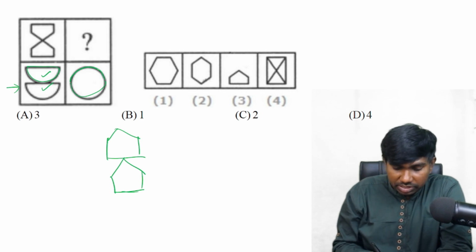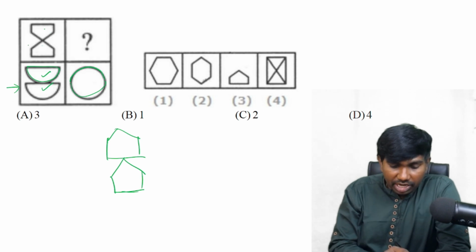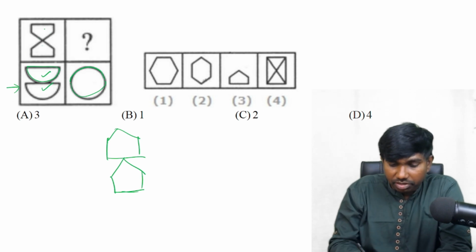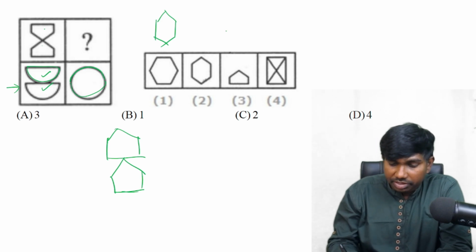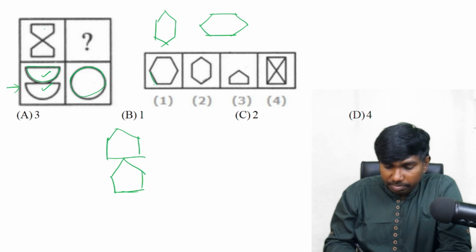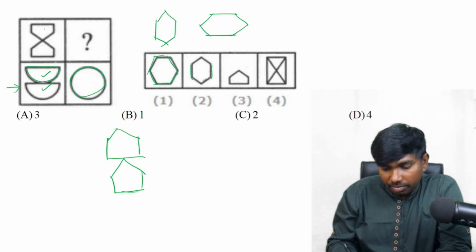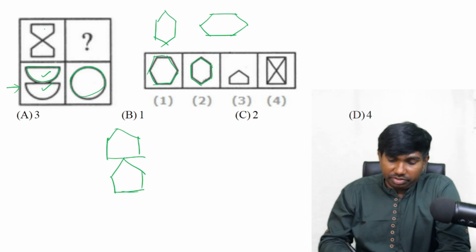Using these two parts, we can make a circle, and using these two parts, we can make a hexagon with 6 sides. But that figure can be like this, or it can be like this also, no? So our answer may be figure 1, or it can be figure 2 also. This is also a grace question, right?